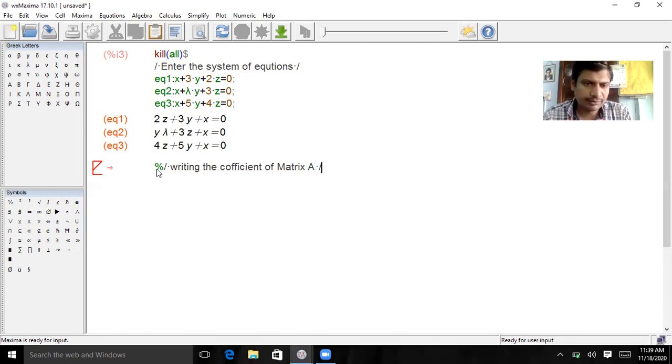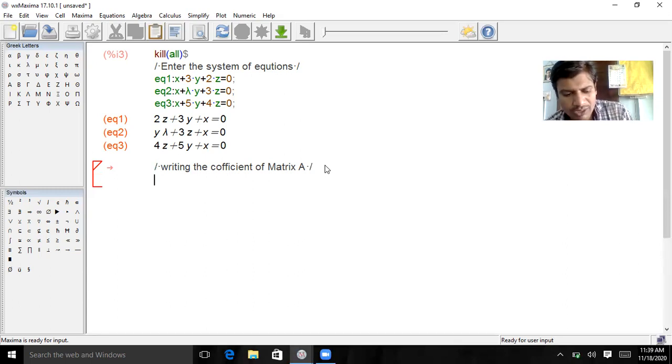See here, you remove this percentage. Okay. First take the three equations. After that, writing the coefficient of matrix A. Then A is equal to, next go to enter.